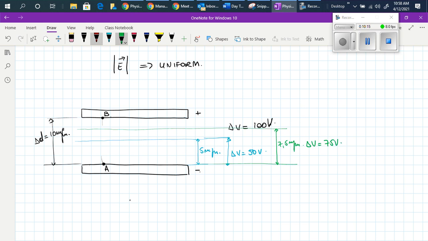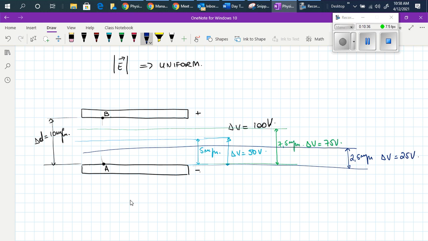And when we have a distance that is, let's suppose, 2.5 millimeters, then the change of voltage in this case is 25 volts.